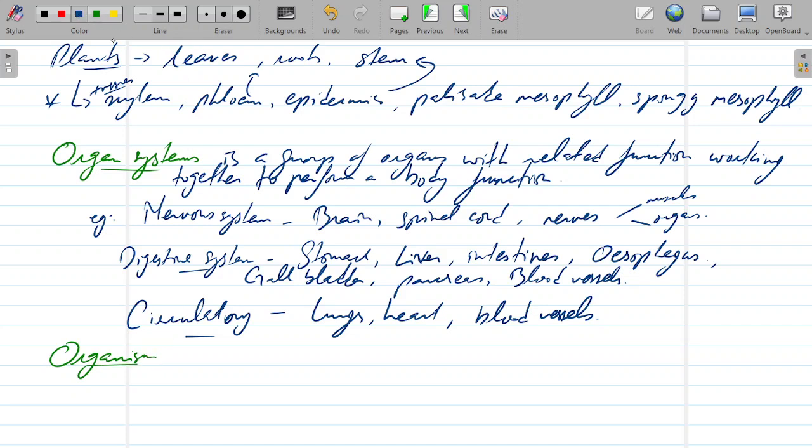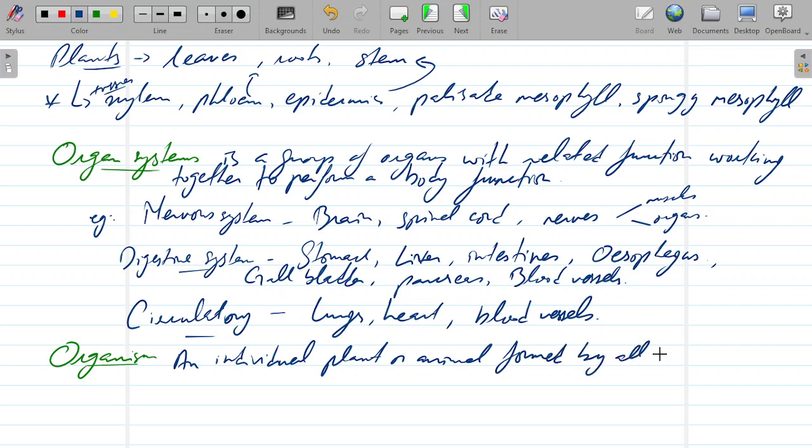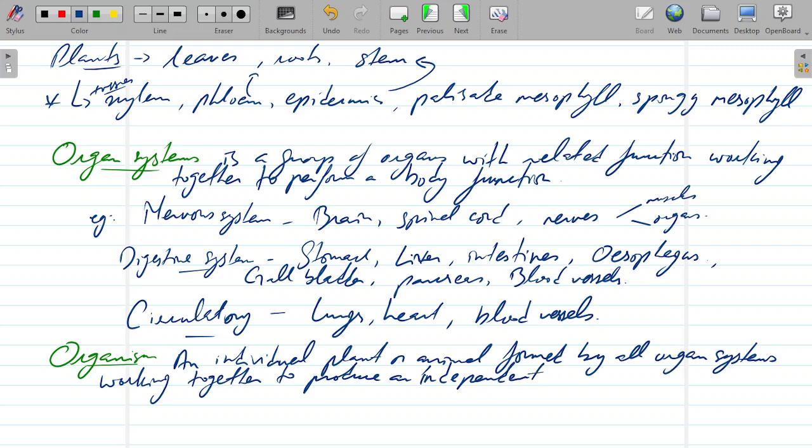The whole organism is an individual, plant or animal, formed by all the organ systems working together to produce an independent living thing.